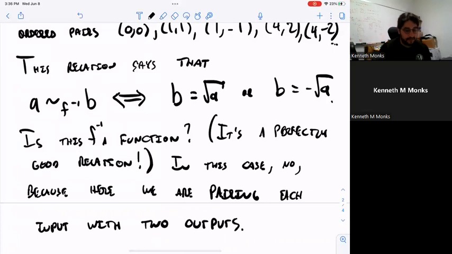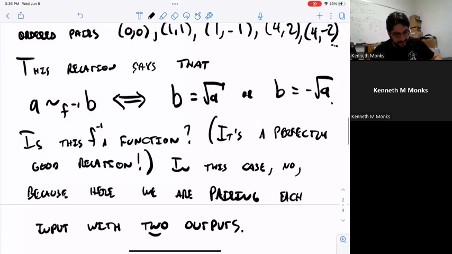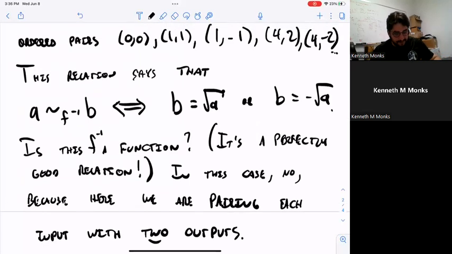Each input is getting paired with two outputs. And remember the definition of a function: each input has to get paired with just a unique output. Each first coordinate gets related to only a single second coordinate. So this is a big issue in terms of being a function. This does not count as a valid function.